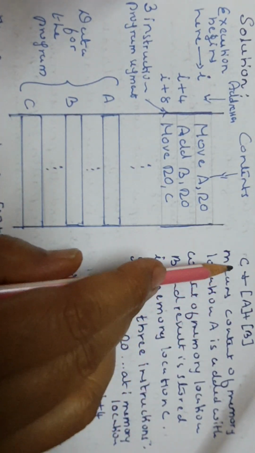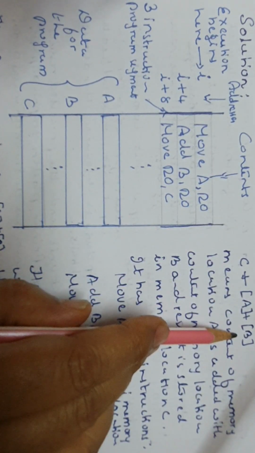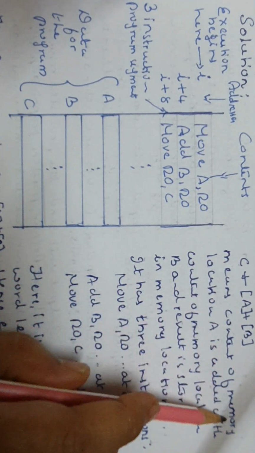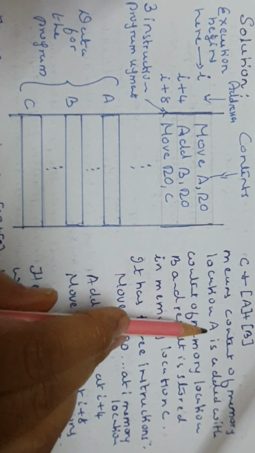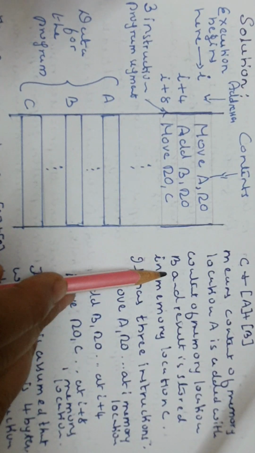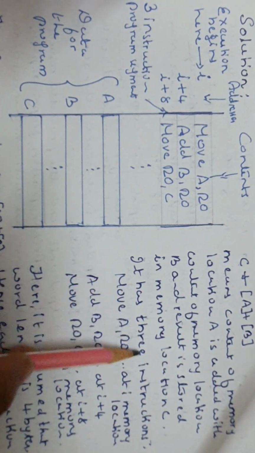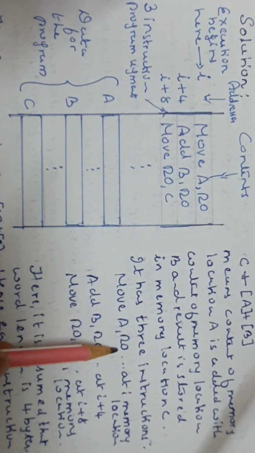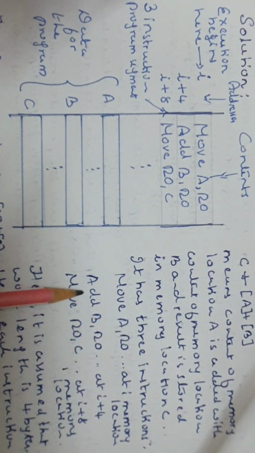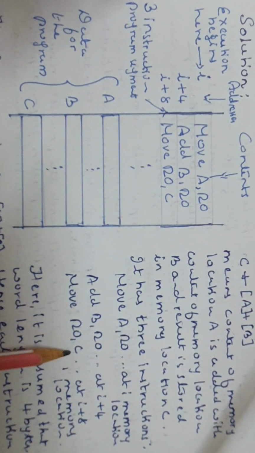So here C is the content of A plus the content of B, means the content of memory location A is added with the content of memory location B and the result is stored in memory location C. It has 3 instructions: move A, R0 at memory location I, add B, R0 at I plus 4, move R0, C at I plus 8 memory location.